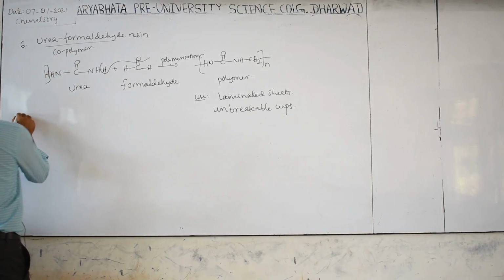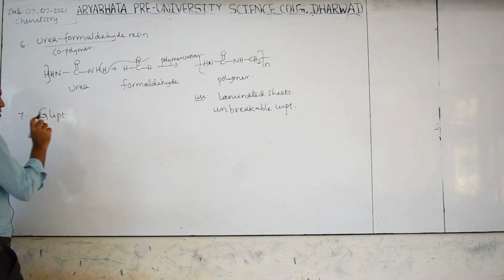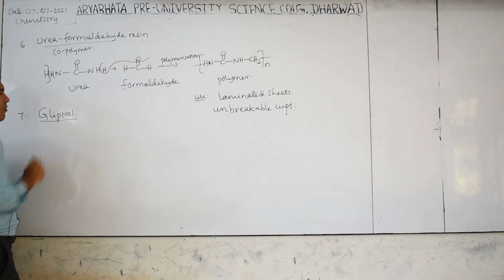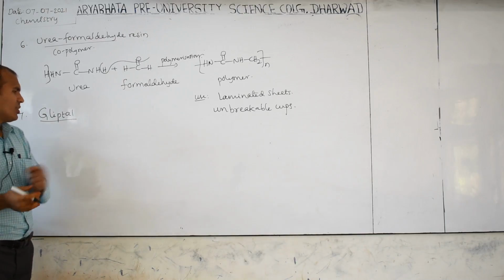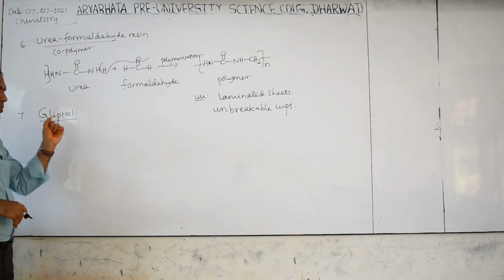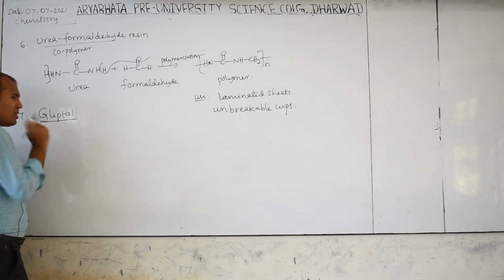Next one, 7th, glyptol. This is asked also many times, what is the monomer of glyptol? So glyptol. I think AL is there, OL is the one you check. In your textbook, once you check that, glyptol means OL is there or AL is there.